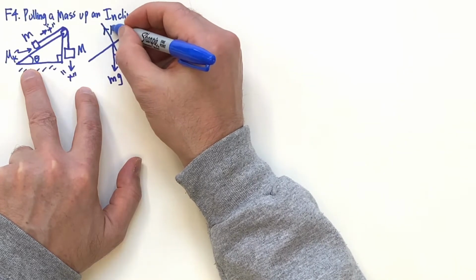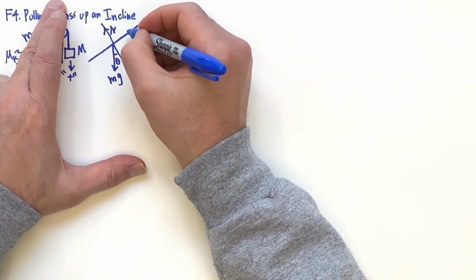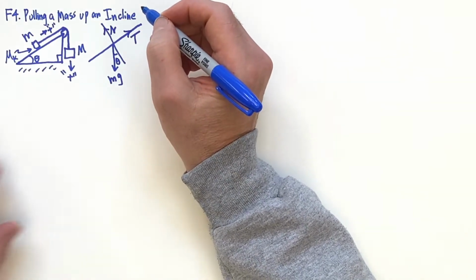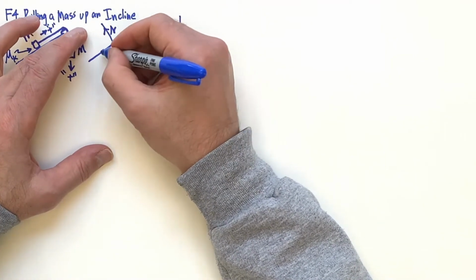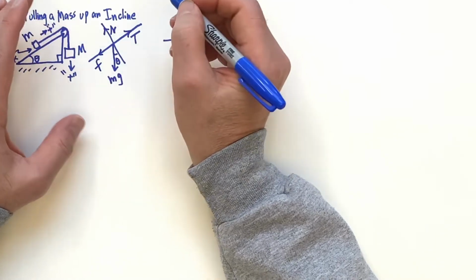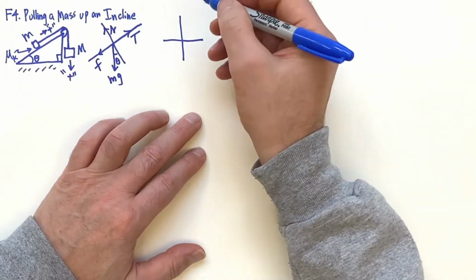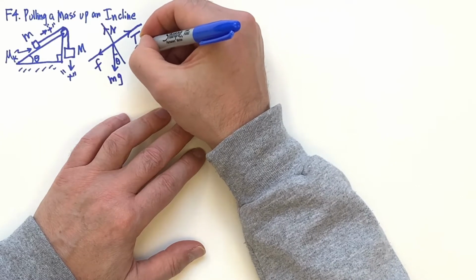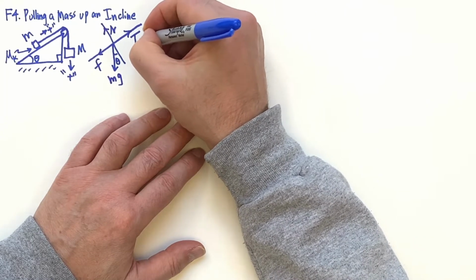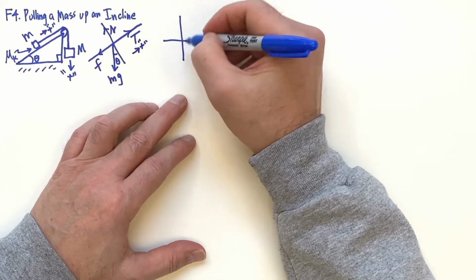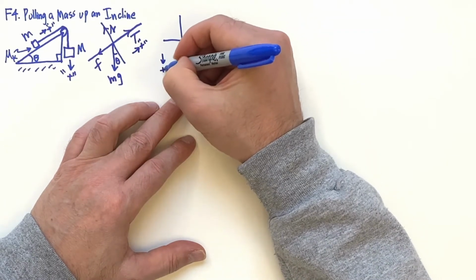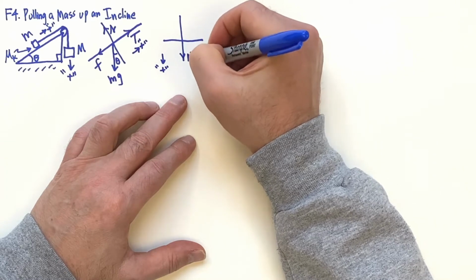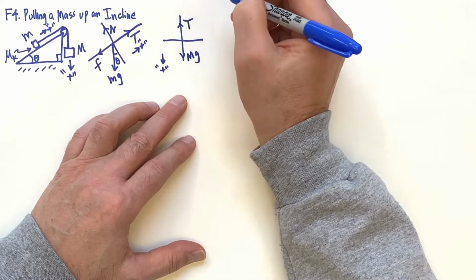And then here is normal. And then here is tension going up, the rope pulling up. And then there's the frictional force pulling back. Doesn't hurt to emphasize that the plus direction is going up. And then here, the plus direction will be the one going down to be consistent. This is big Mg going down and T going up.